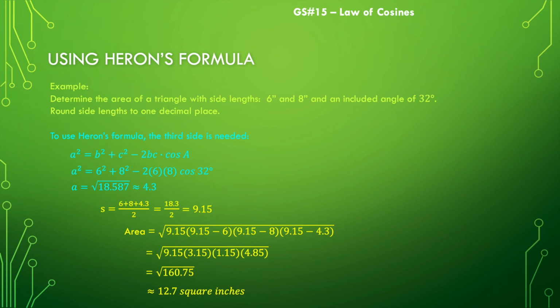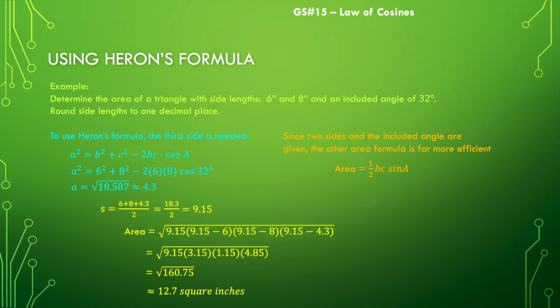Now, if we are smart, we may recall that the other area formula that we knew requires two side lengths and the included angle. If we remember that, we can use that area formula instead, and it is way more efficient in this scenario.